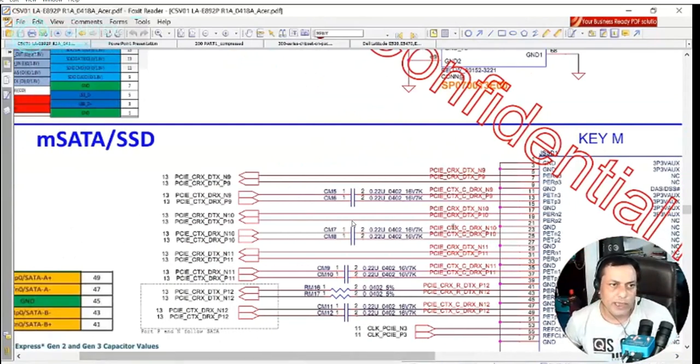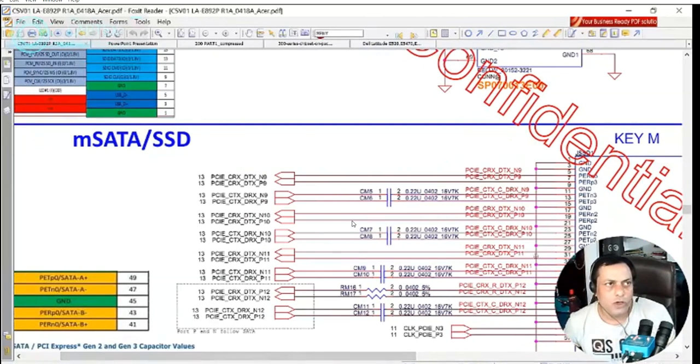So here you have to see that the PCIe is receiving data or transmitting data, receiving, transmitting. This is the UART communication. In fact, UART communication is the combination of TX and RX, receiving data and transmitting data.